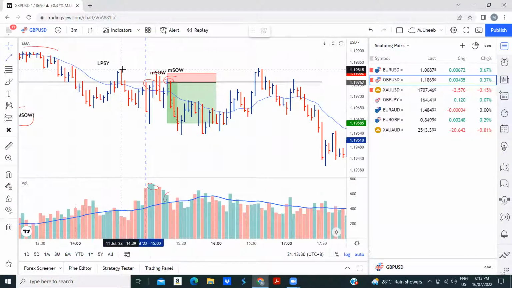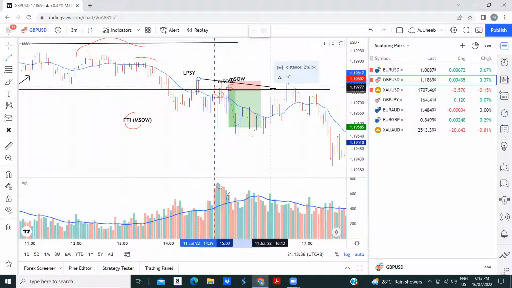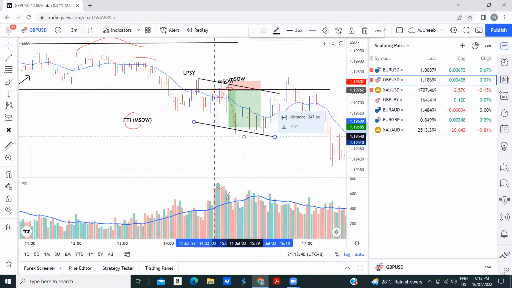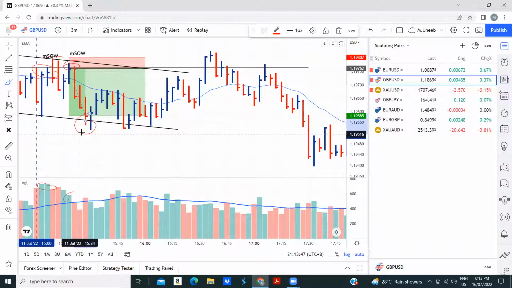If we draw a minor channel from here, because this is a major high, the first higher high, then this one can be considered the second lower high, and we can draw this structure like this. We did observe a minor oversold, effort versus no result. Can you see effort versus no result here?